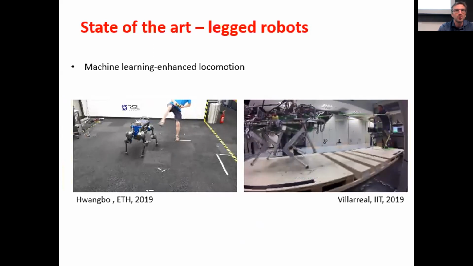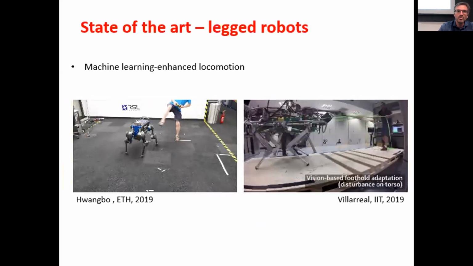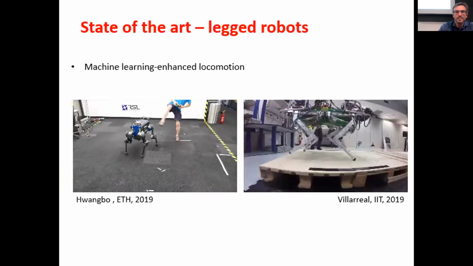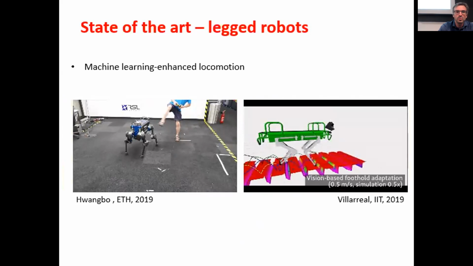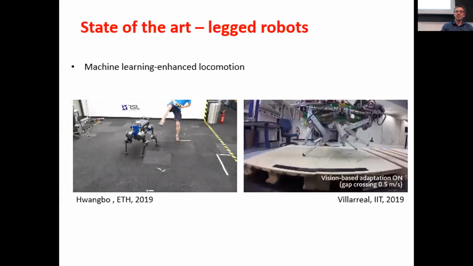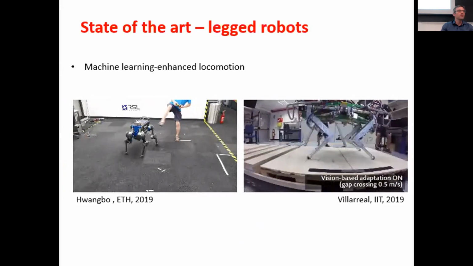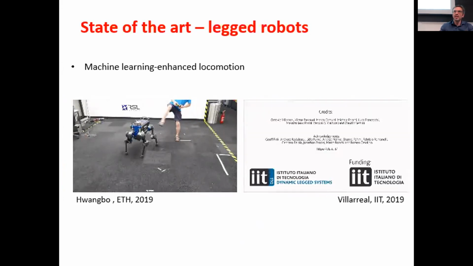You don't need to solve an optimization problem. And on the right, we see iCub crossing these gaps, seeing the map of the terrain, and the neural network was changing the foothold location to avoid the gap. So continuously evaluating the map and adapting the foothold location to avoid the hole.